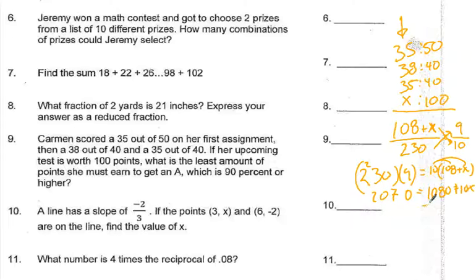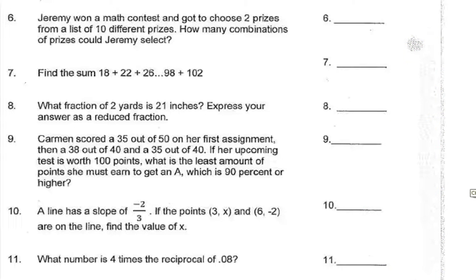And so now I go ahead and subtract my 1,080, and I get 10x is equal to 990. Well, divided by 10, divided by 10, uh-oh. Carmen is in a little bit of trouble. She needs to get a 99 if she wants to avoid getting grounded for not getting an A. I think she's got a lot of studying to do.